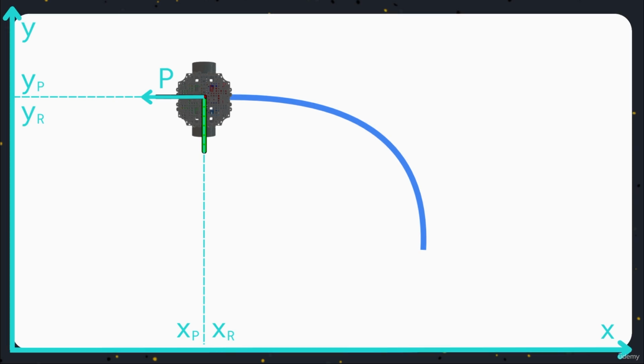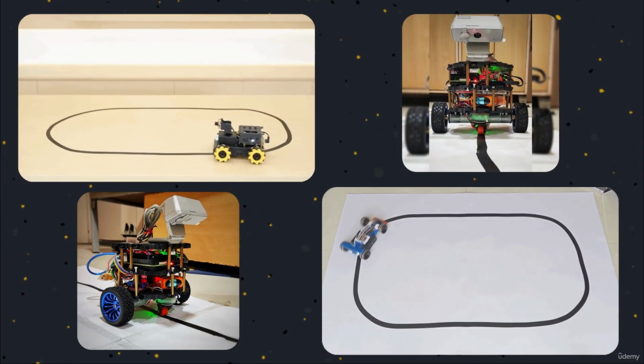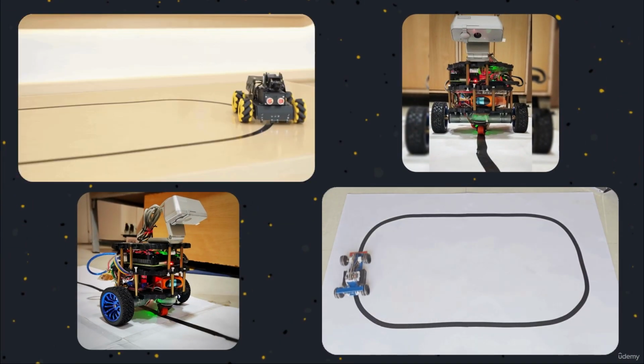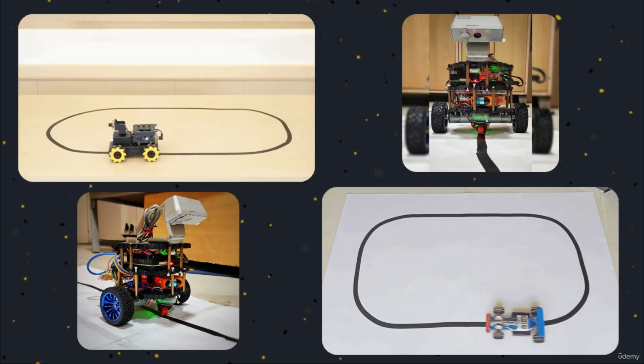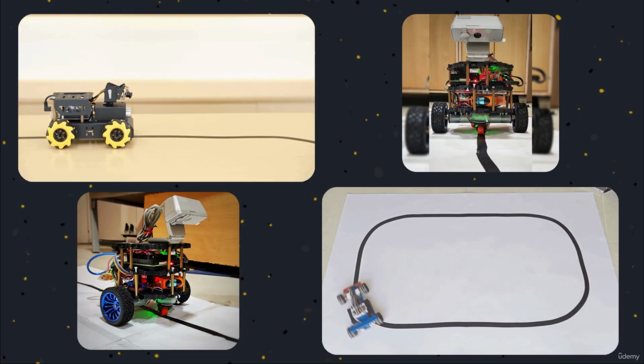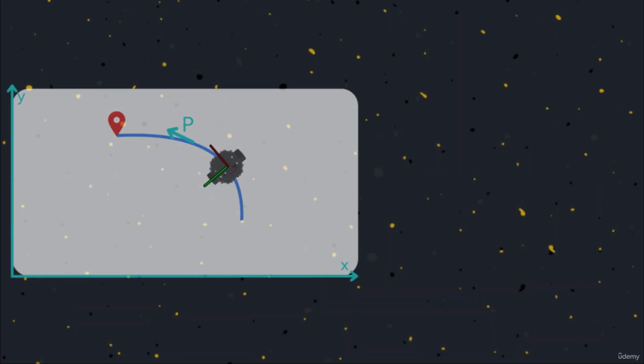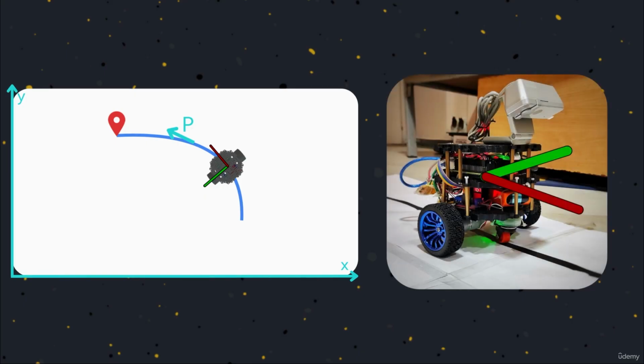But Antonio, how do we use this algorithm to track a black line that is drawn on the floor, and not just a path that is calculated by a planner? Well, the only difference between tracking a path that is calculated by a planner and tracking a black line that is drawn on the floor lies in how the point P is calculated.